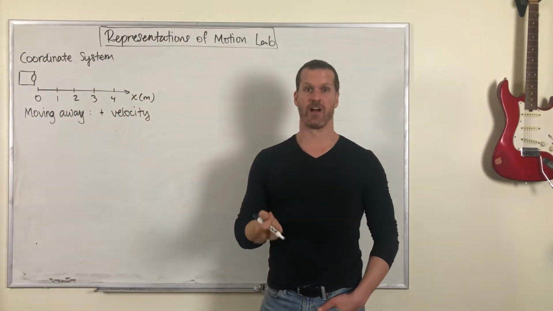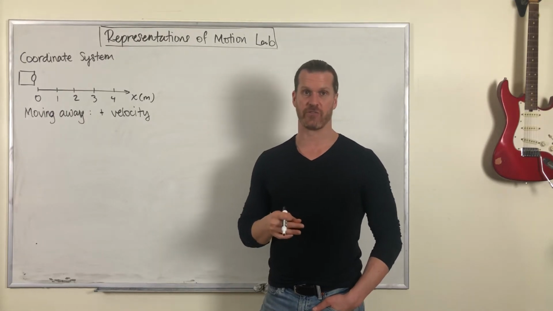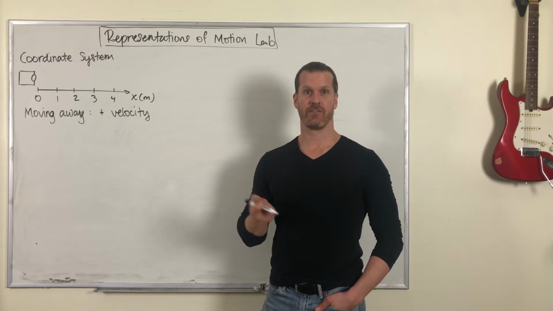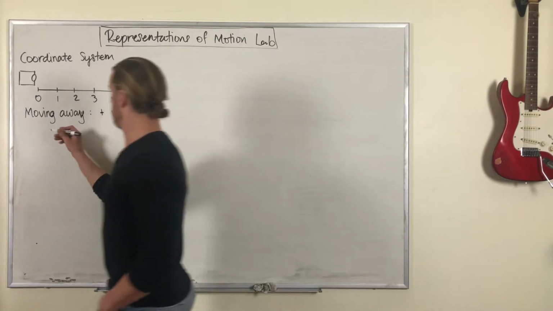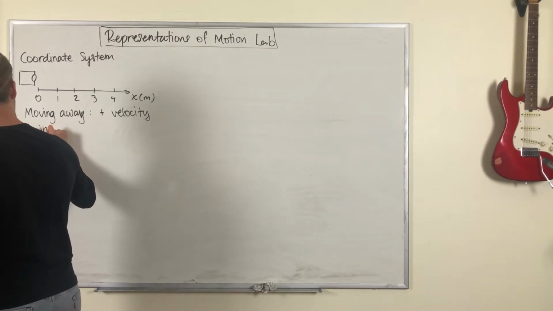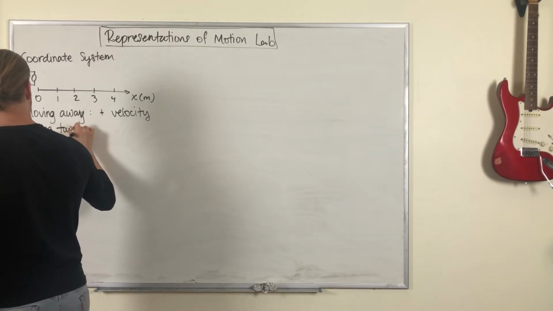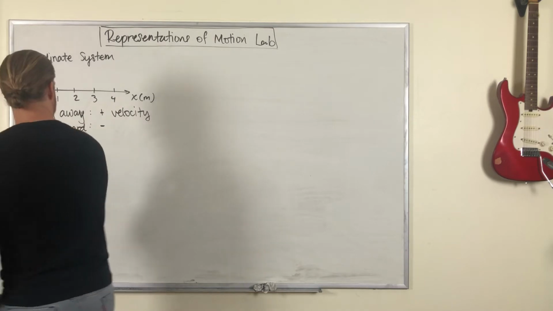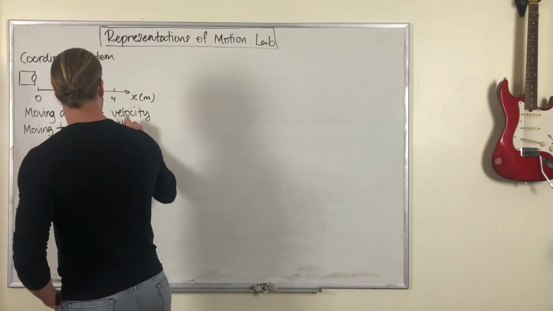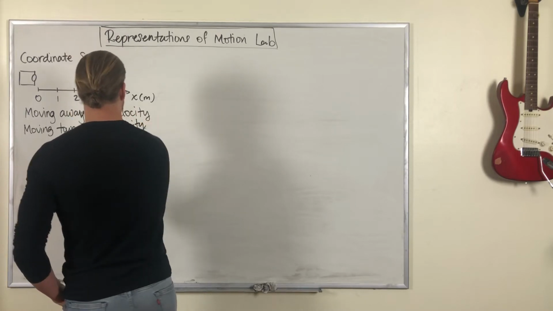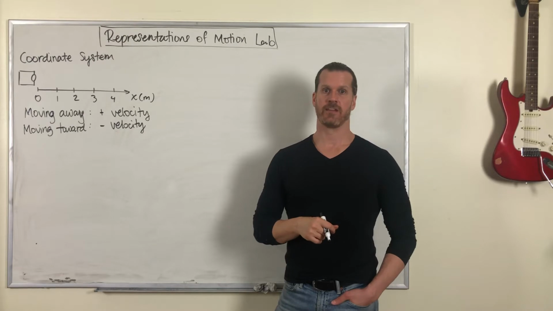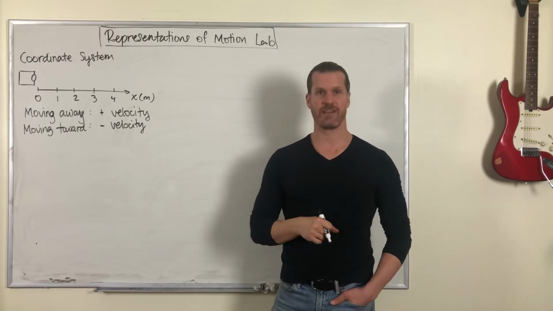Remember, that's because velocity is change in position over time. And if you move away, your change is positive. If you move toward the sensor, that is negative velocity, because the change in position is negative. When you get closer, that change is negative.